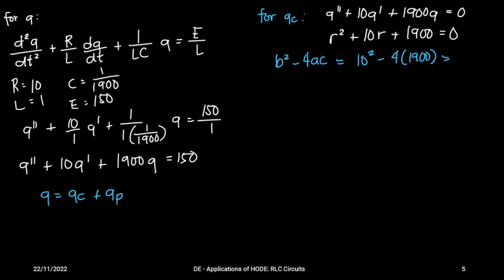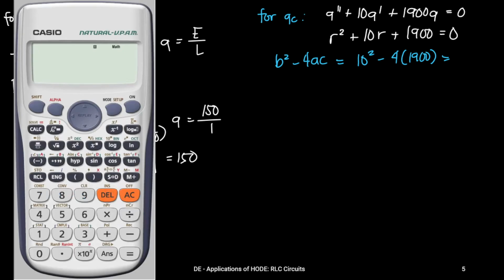Labas lang natin yung ating calcu, no? So, we have here 10 squared minus 4 times 1900.